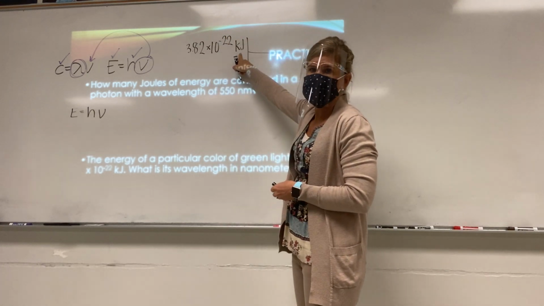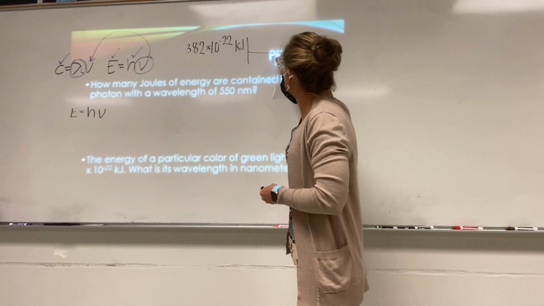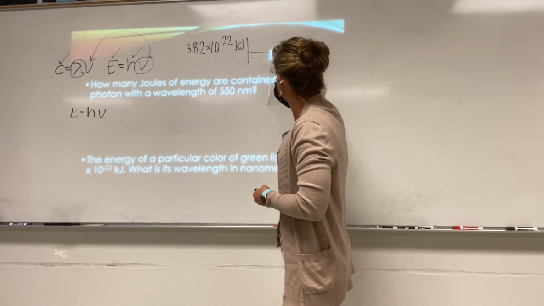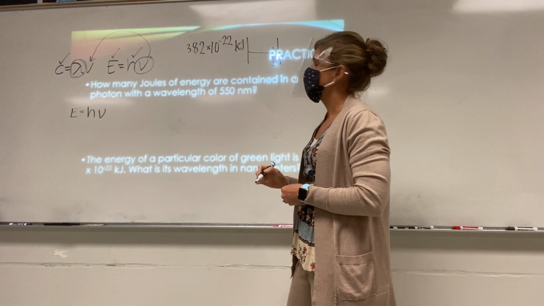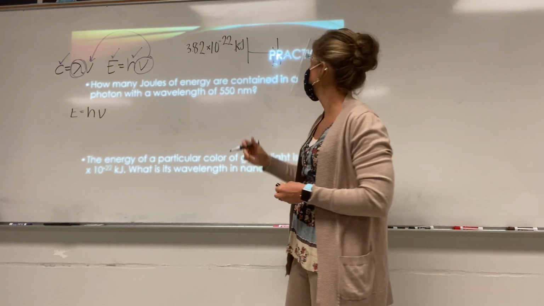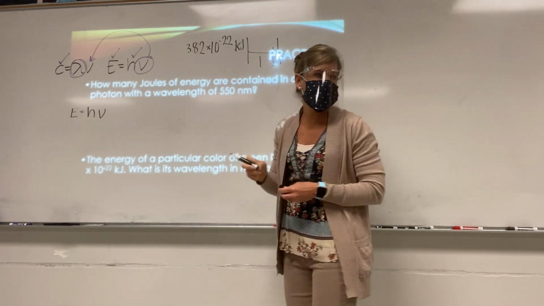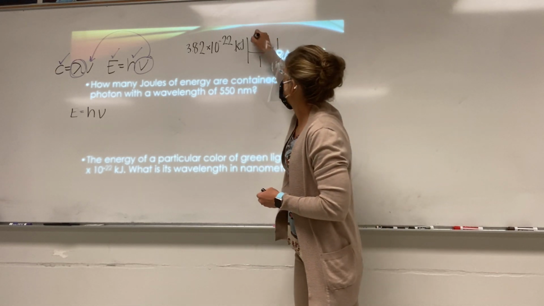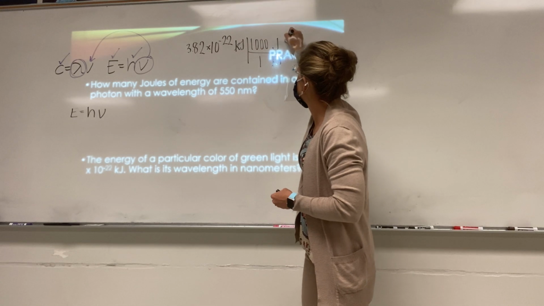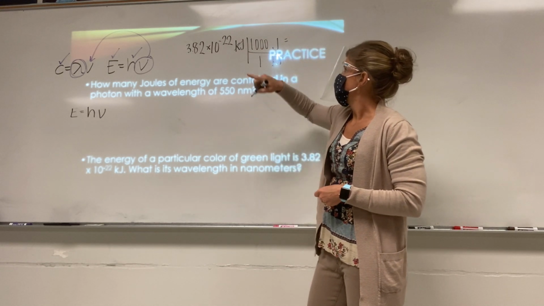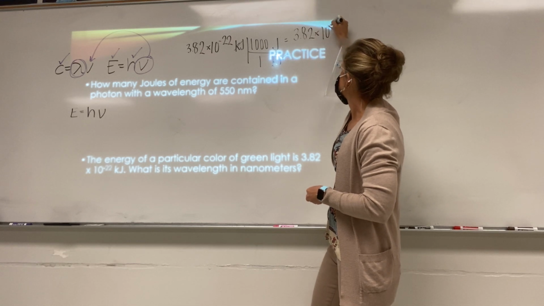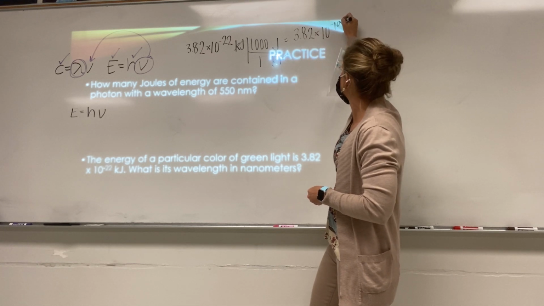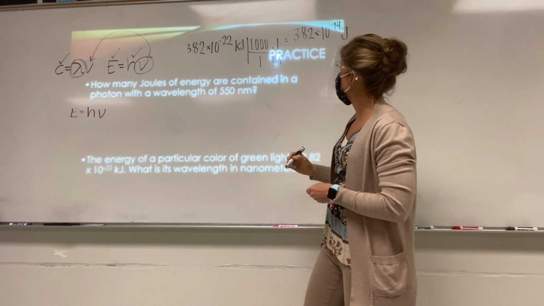If kilojoules is on top, I must put kilojoules on the bottom to cancel, and then joules on the top. What's bigger, a joule or a kilojoule? Kilojoule. So I put a 1 with my kilojoule, 1,000 with my joules. Multiply across the top, and I get 3.82 times 10 to the negative 19th joules.